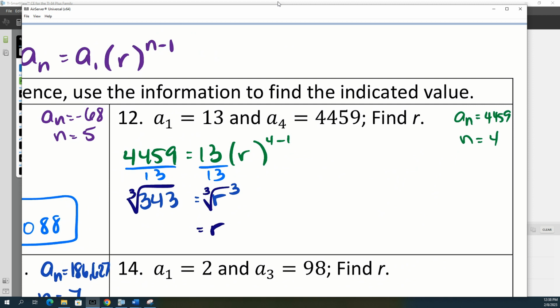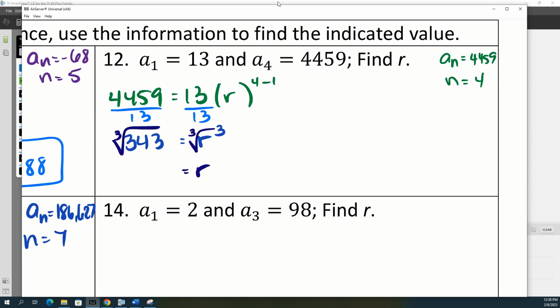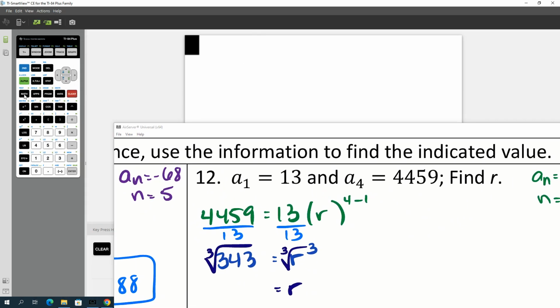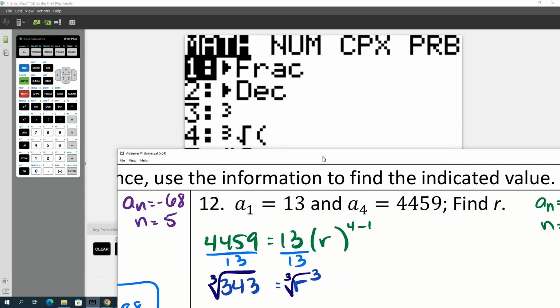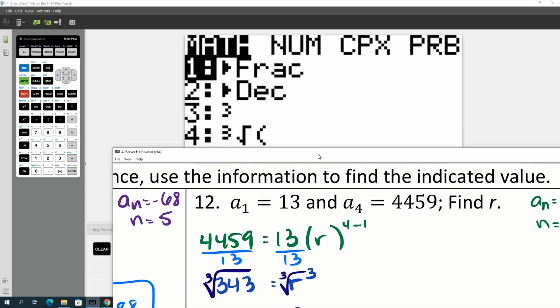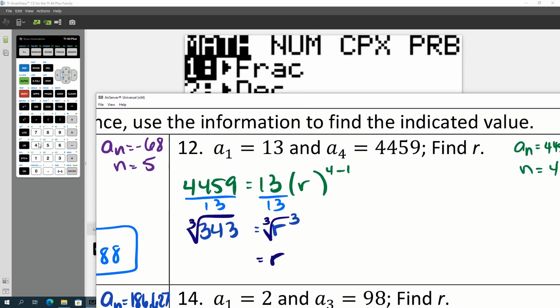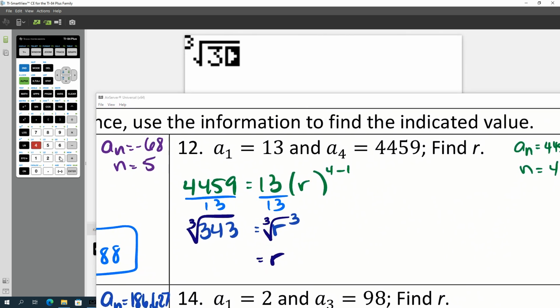Now, if you need to know how to do the cube root in the calculator, it's been a little while since we've done that. You're going to hit math, and then you're going to choose number 4. So number 4 under math means the cube root. And then put 343. So r is 7.